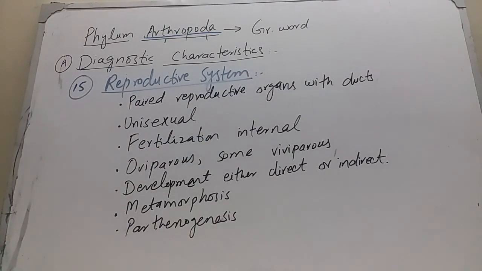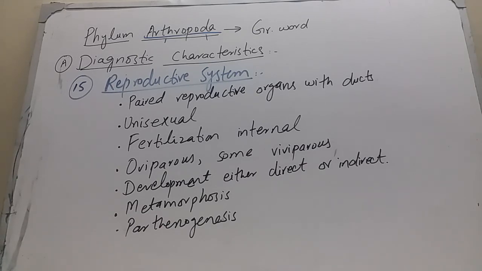Next is about reproduction in arthropods. In all arthropods, paired reproductive organs, or gonads, are present, with ducts. Arthropods are unisexual, which means the sexes are separate, male is separate and female is separate.